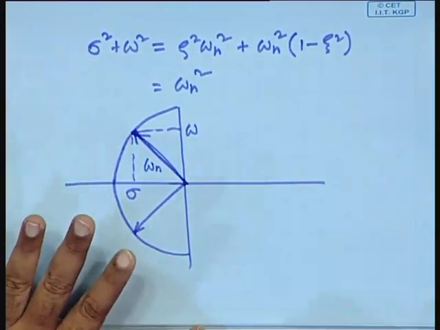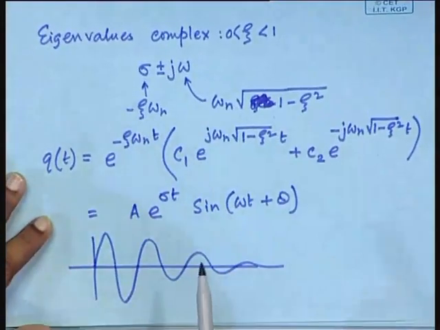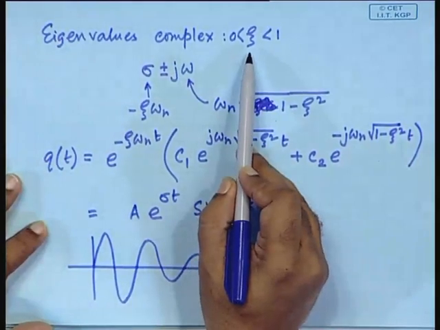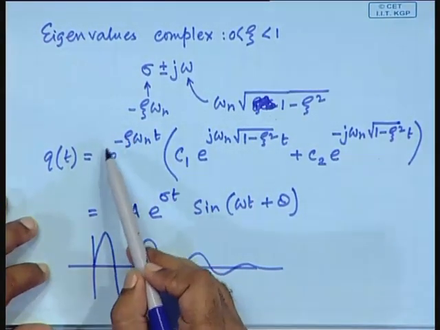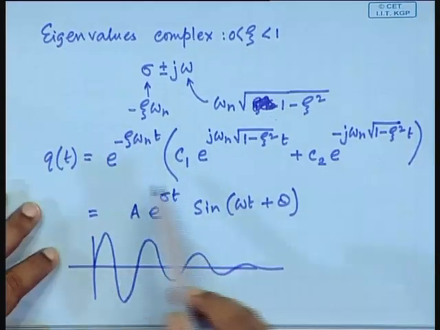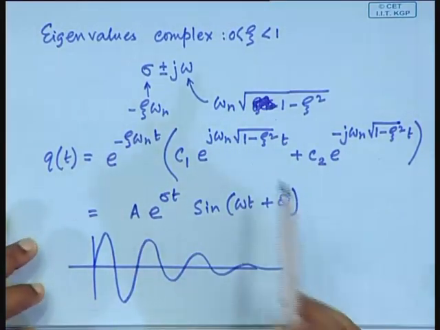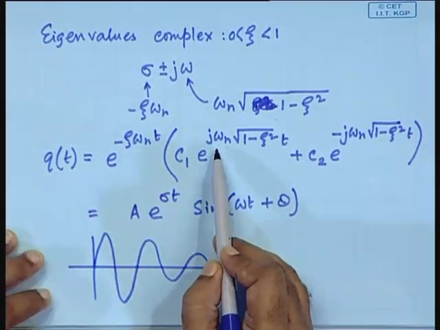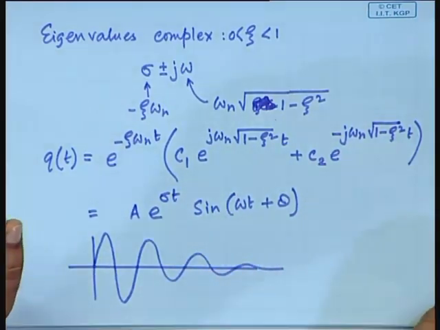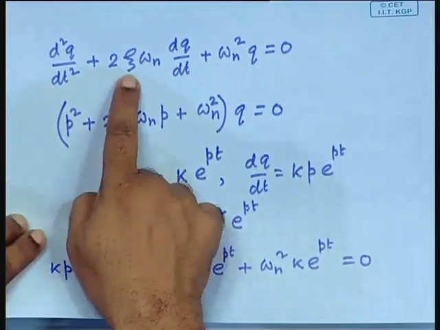what is omega n? If you put zeta equal to 0, then what has happened? This comes to 0. As a result, you get a purely sinusoidal oscillation with a frequency of omega n. So, if the system has no zeta, this term is 0.